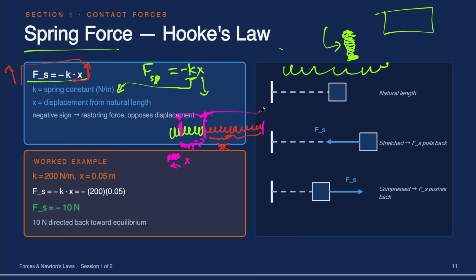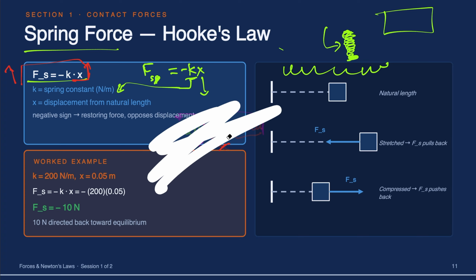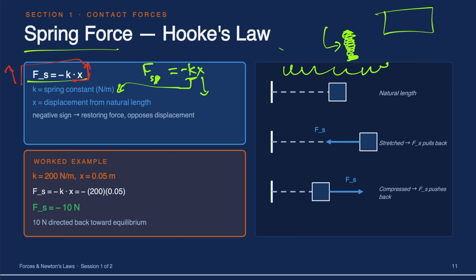How much did it extend or how much did it compress? And you understand why k would be in units of newtons per meter, right? Because if force of spring is in newtons, and if x is in meters, then what is going to multiply here to give you just newtons? Newtons per meter, right?